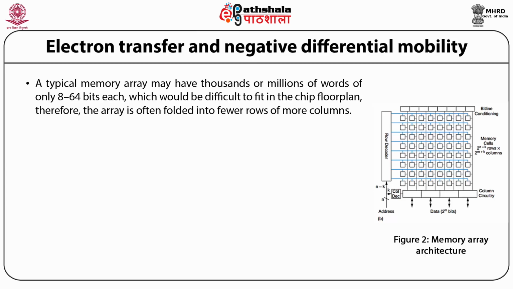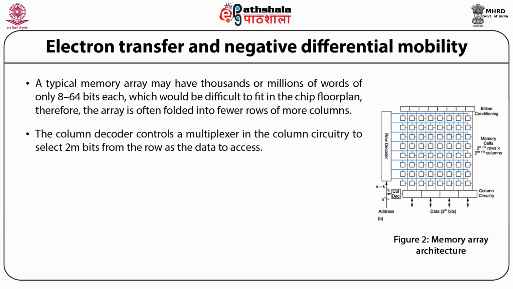Therefore, the array is often folded into fewer rows of more columns. So after folding, each row of the memory contains 2^k words. So the array is physically organized as 2^(n-k) rows of 2^(m+k) columns or bits. Now part B of this figure shows a two-way fold with 8 rows and 8 columns.